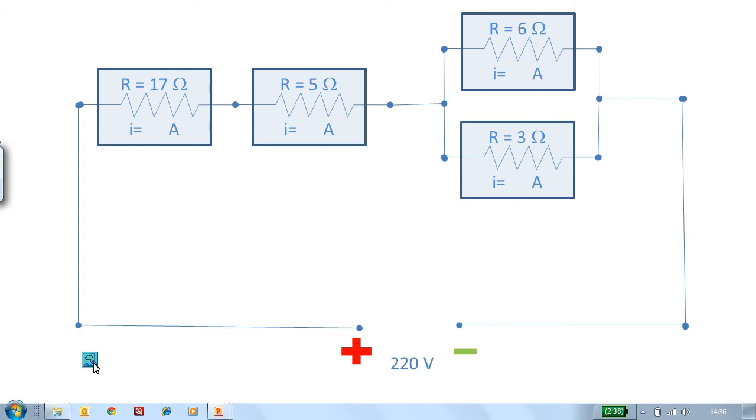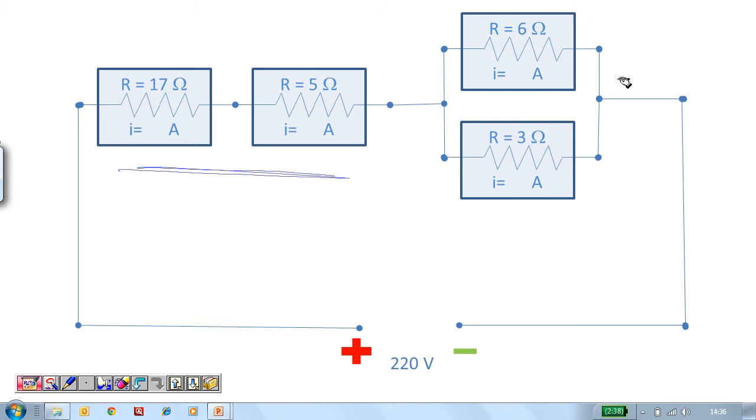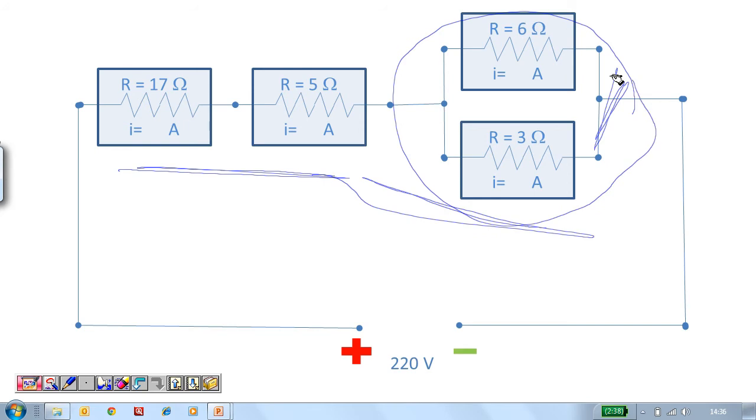Now let us see how we can go about solving a more complicated problem. In this case we have a couple of resistors in series, then two in parallel, and then all of these are in series. The way to do it is to look at this circuit and find the effective circuit. I will have to find the effective resistance of this parallel branch.